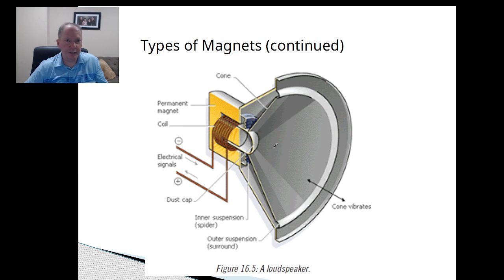So that's how you can hear, even if you have your earbuds in your ear, that's still a small electromagnet in there, taking the current from your device, which is sent via Bluetooth to the receiver, and then it vibrates and you can hear it. And the strength of the signal determines the volume of the sound.